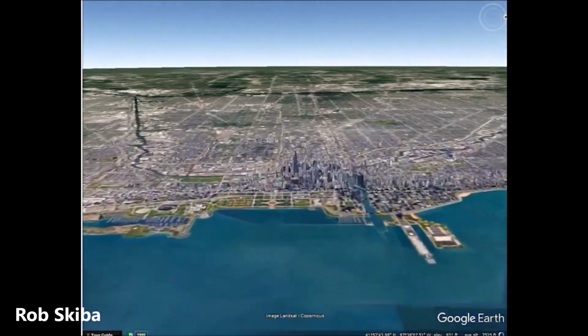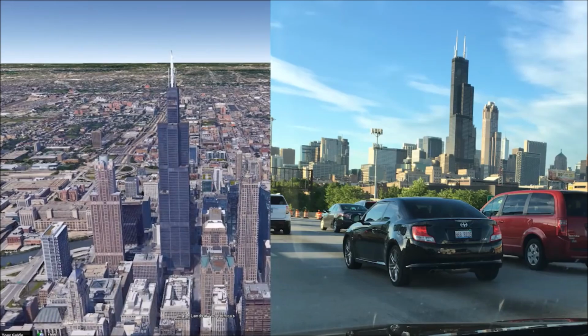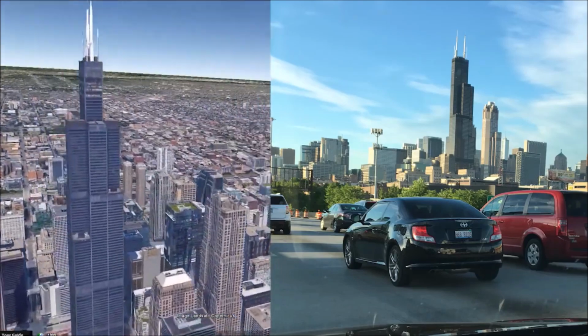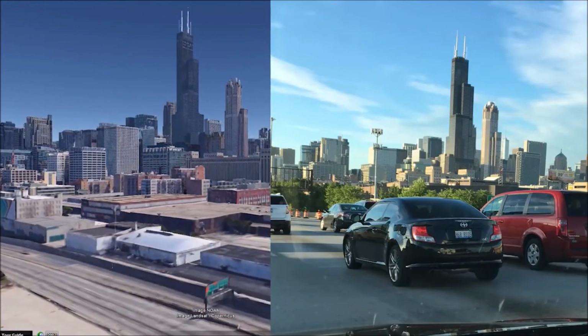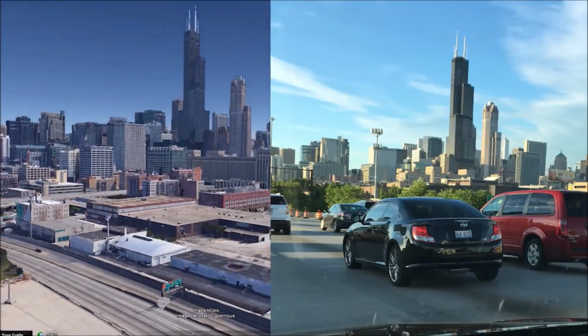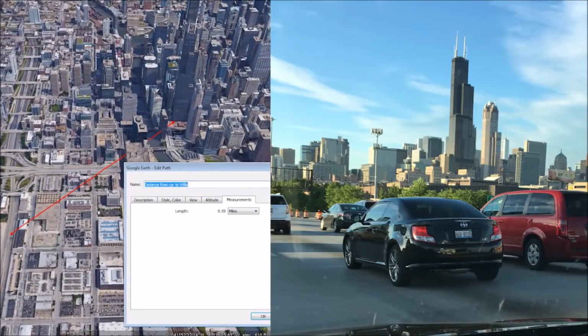I snapped this picture of the Willis Tower. And if you go on Google Earth, this is right about the area where I believe I was when I took that picture. Looking across, it's only about 0.6 of a mile.